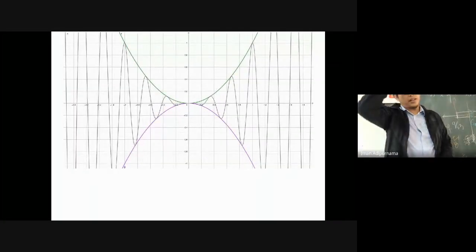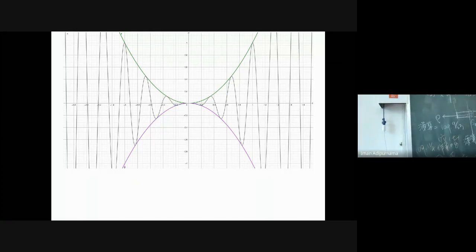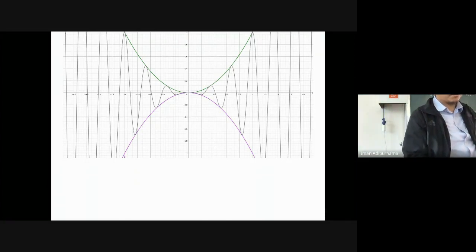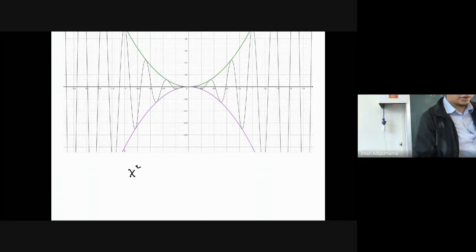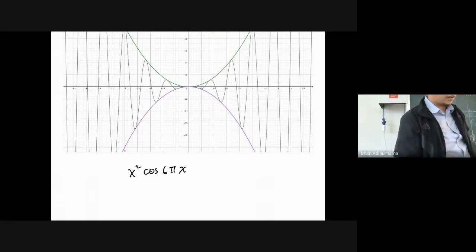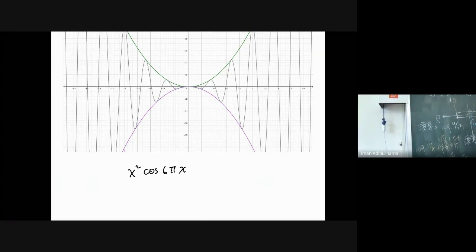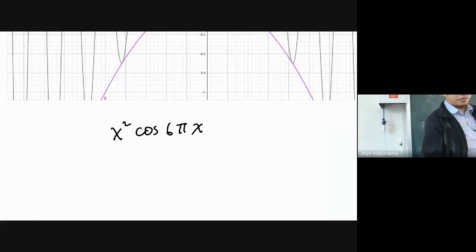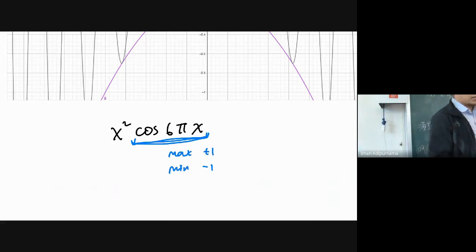Okay, so the idea is the amplitude. So let me write x squared cos 6 pi x, okay? Remember in calculus, you have the squeeze theorem. Imagine this cos is always having a max of positive 1 and a min of negative 1.